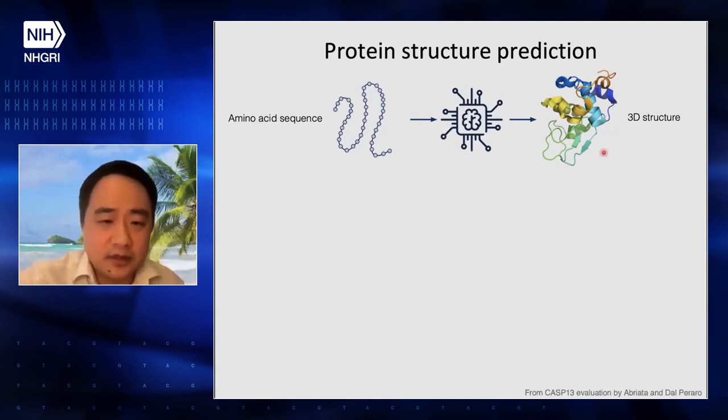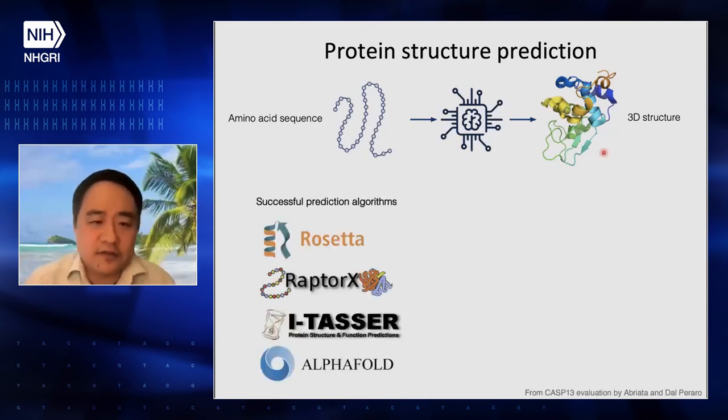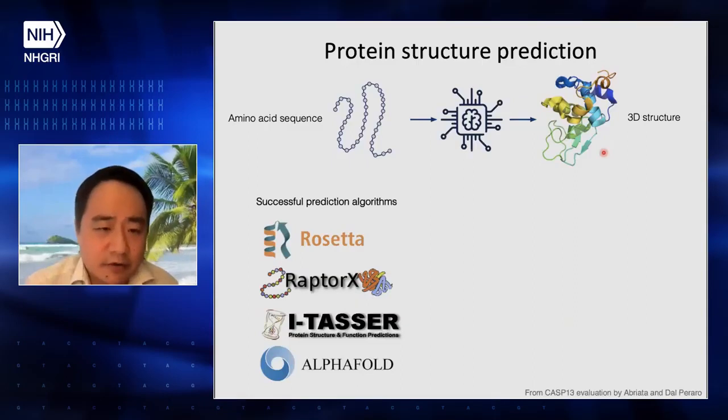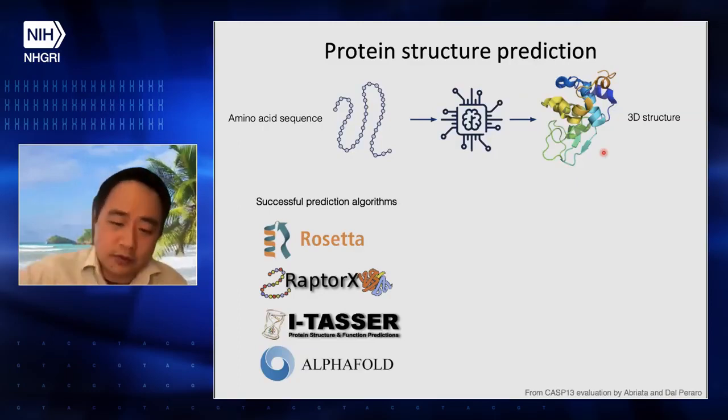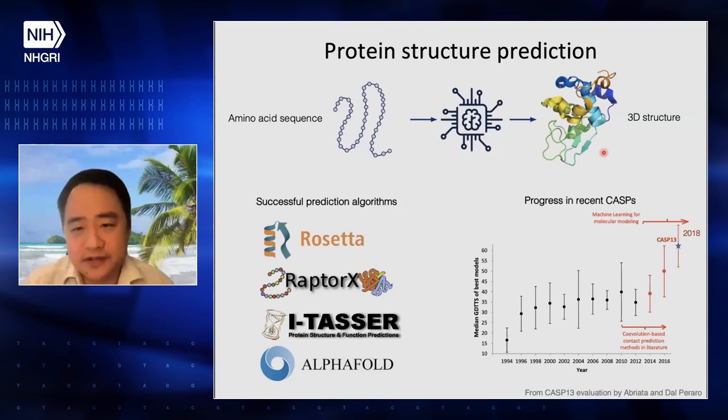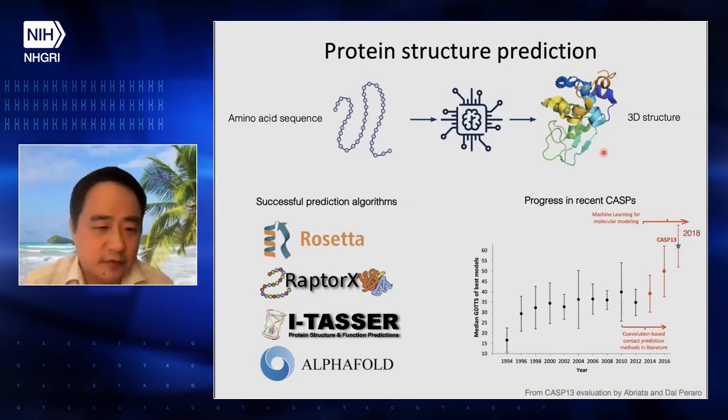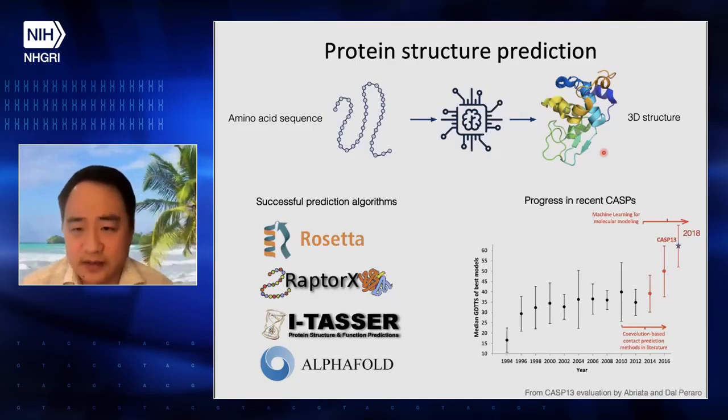There are a lot of very successful prediction algorithms, including Rosetta, RaptorX, I-TASSER, and the newest version of AlphaFold. I also show here the progress of the prediction power collectively in the field over the past few years.